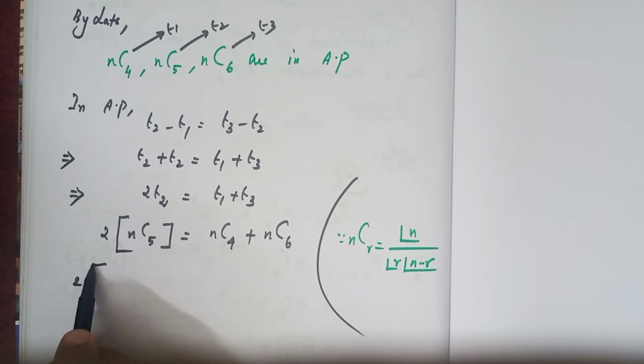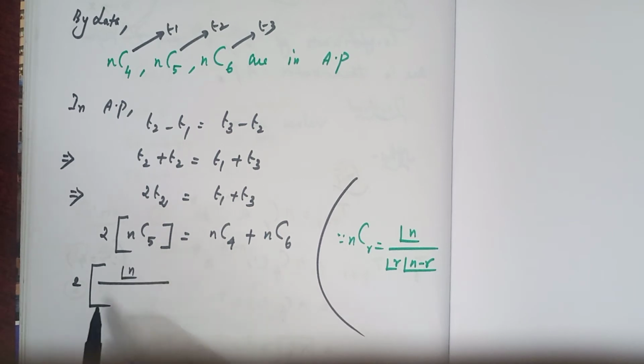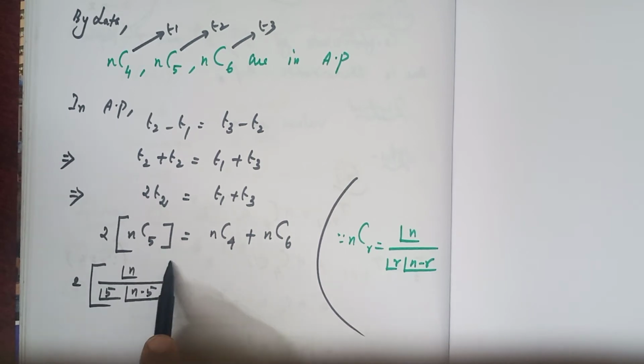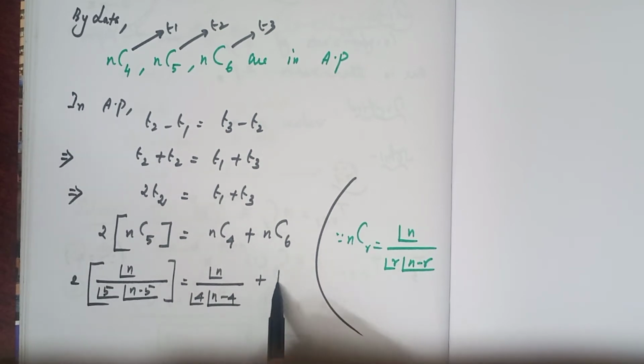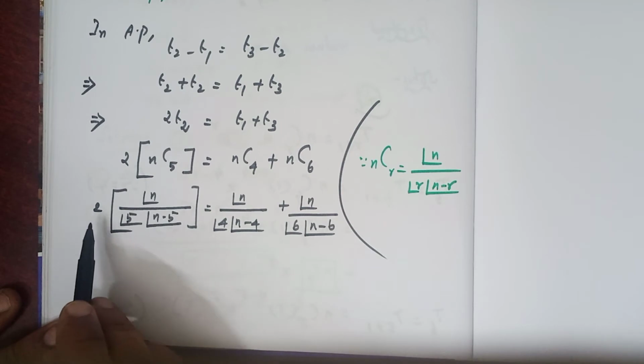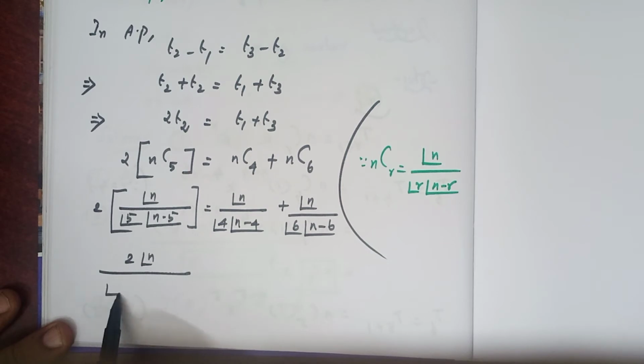So to write as it is, 2 into factorial n divided by 5 factorial into n minus 5 factorial, that is equal to here NC4, factorial n divided by factorial 4 into factorial n minus 4, plus factorial n divided by factorial 6 into factorial n minus 6.